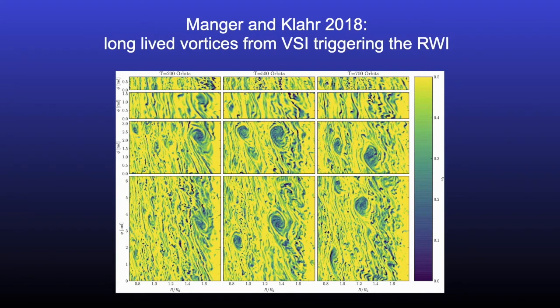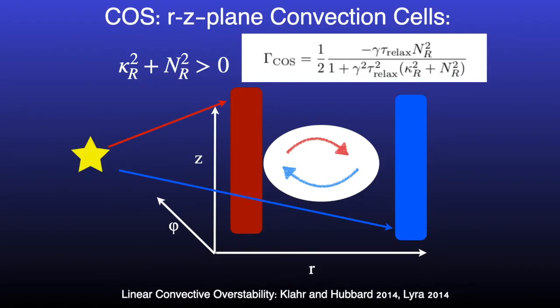So vertical shear instability, I said before, operates best if the cooling time, the thermal relaxation, is really fast in a disk. If the cooling time is longer, then we came a few years ago to another instability, which is the convective overstability.